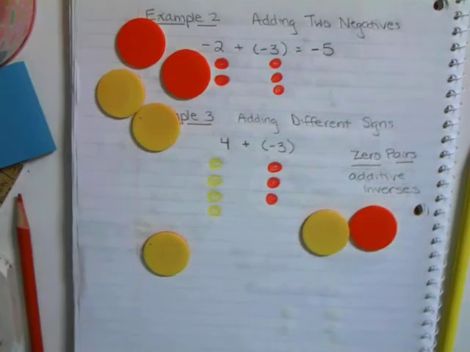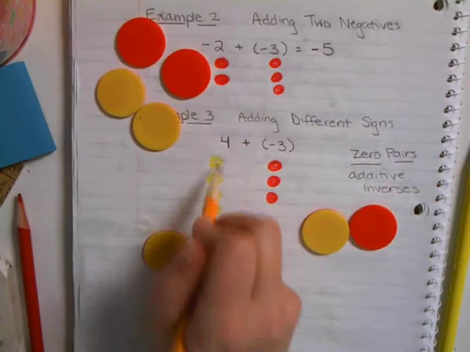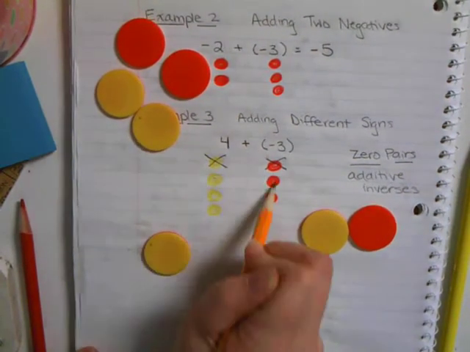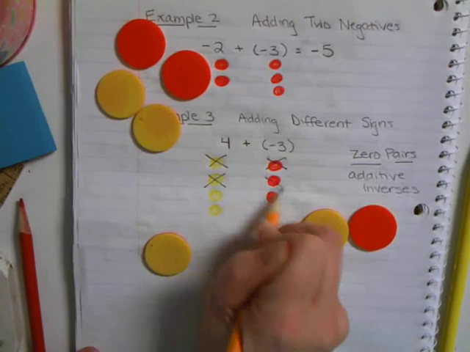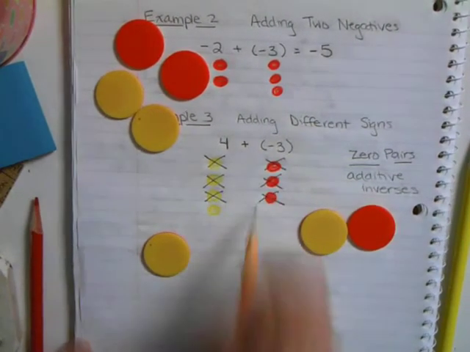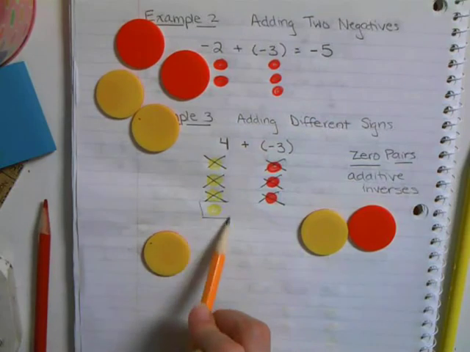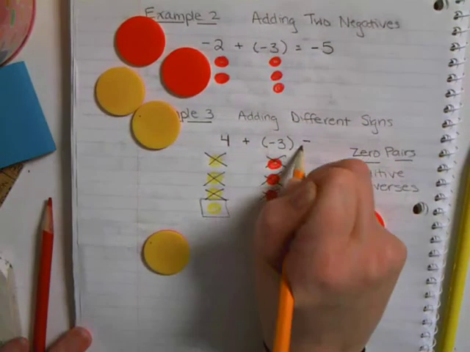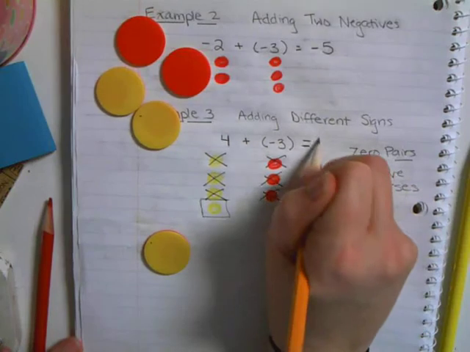And I can show this on my paper by taking a yellow and a red and canceling them out. Yellow, red, cancel it out. And I'm left with just 1 positive chip. So 4 plus -3 equals 1.